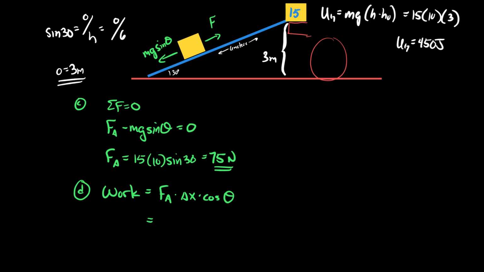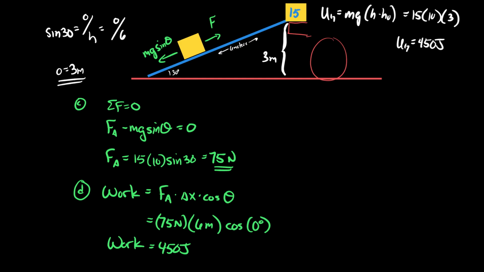So I am applying 75 newtons of force over a distance of 6 meters, and the force is in the same direction as I'm moving. So 6 times 75, which, boy, I bet that's going to be 450 joules. It's got to be the same amount of energy.